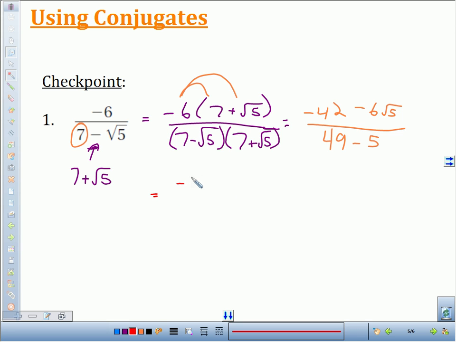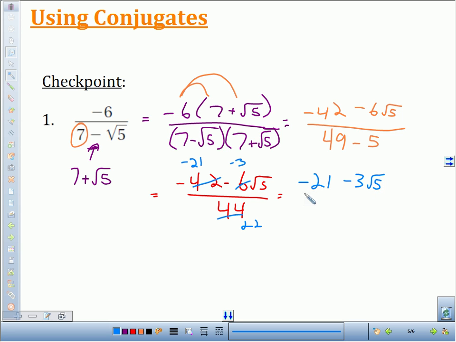I've got negative 42 minus 6 square root of 5 over 44. Now, as you can see, all of these share 2. I can divide all of these by 2. I'll get negative 21, negative 3, and 22. So my final answer would be negative 21 minus 3 times the square root of 5 over 22. And I'm done with that one.